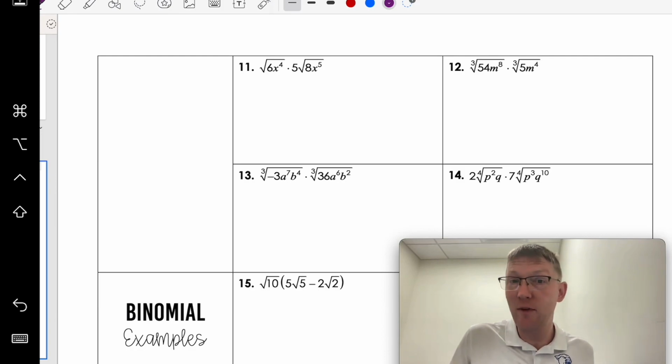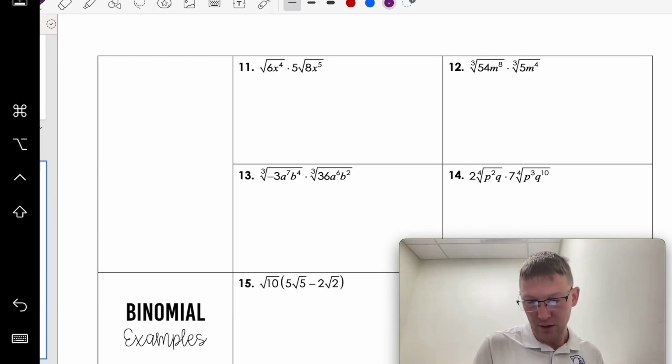Okay, let's throw some variables in there and see what happens. So we're going to follow the same process. I can't simplify either of these just yet. They're both square roots. I could actually pull the variables out, but it doesn't matter. So we're just going to multiply everything underneath the square root first, and then we'll start simplifying from there.